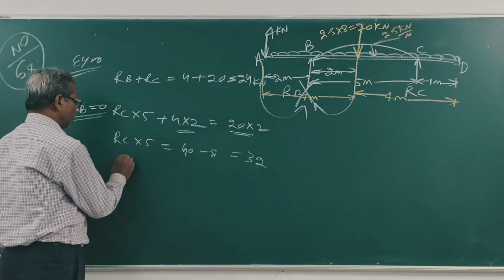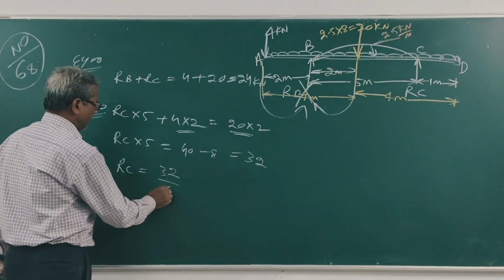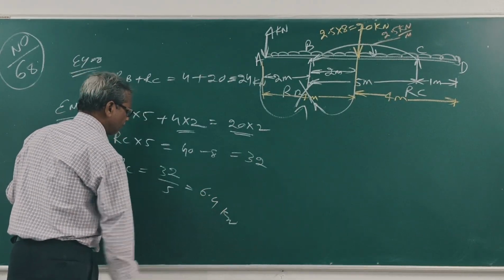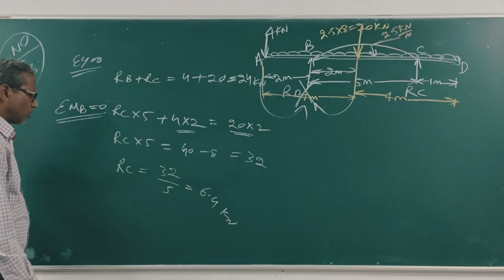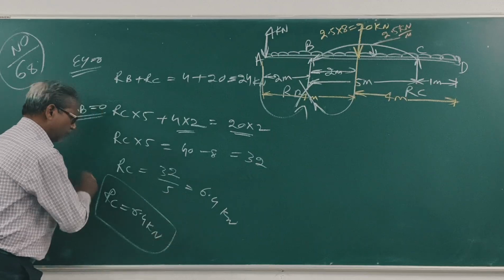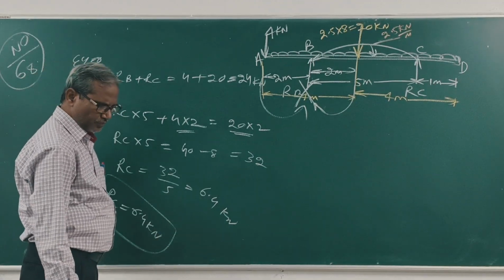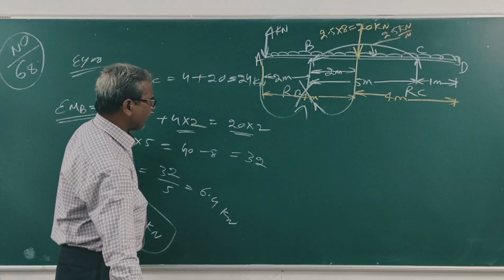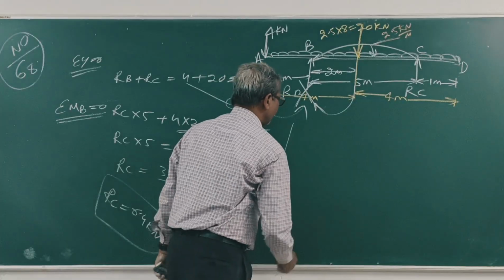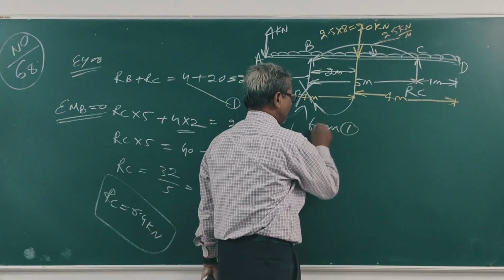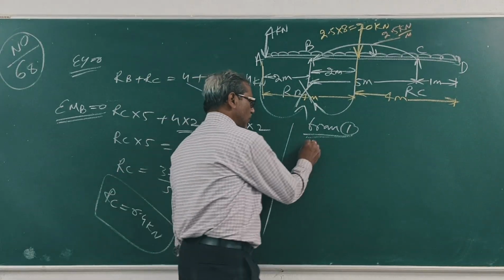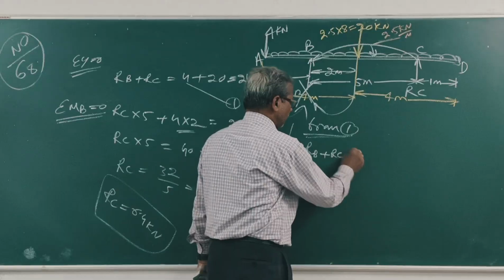What is RC equal to? 32 by 5 is 6.4 kilonewton. So RC is equal to 6.4 kilonewton. Now RB. From equation 1, RB plus RC is equal to 24.